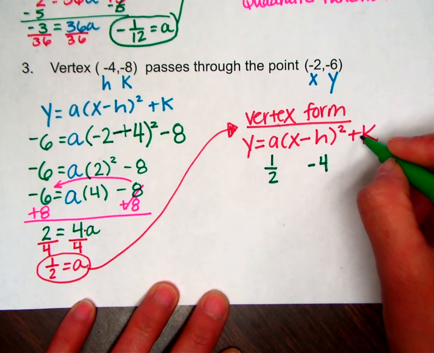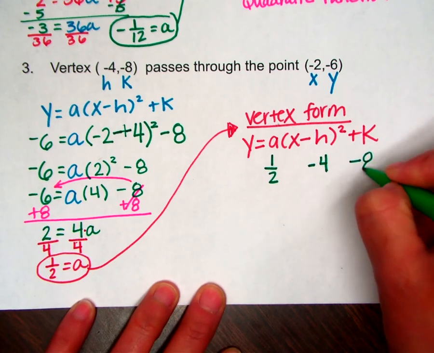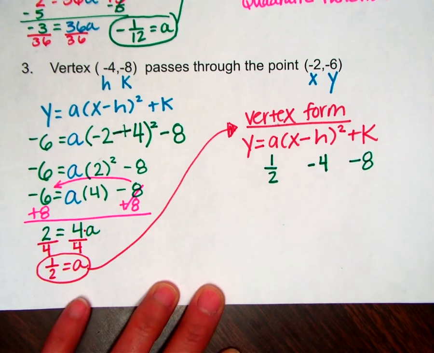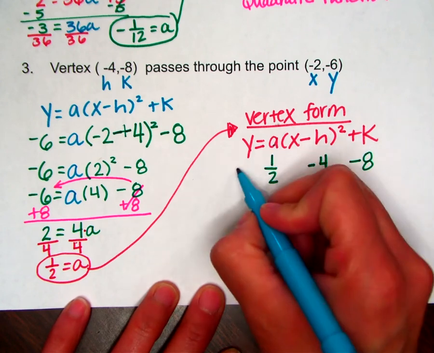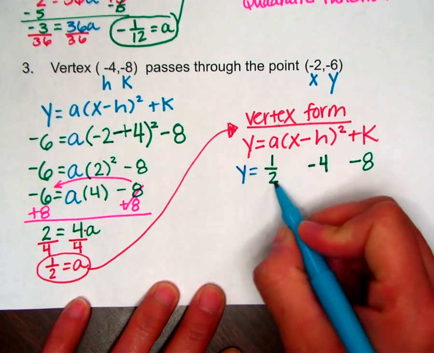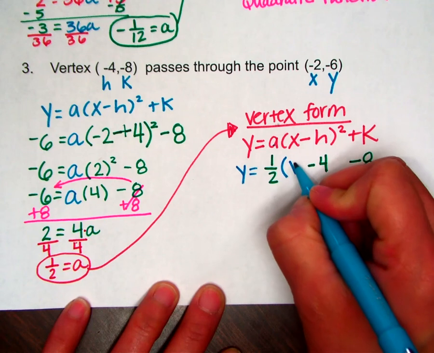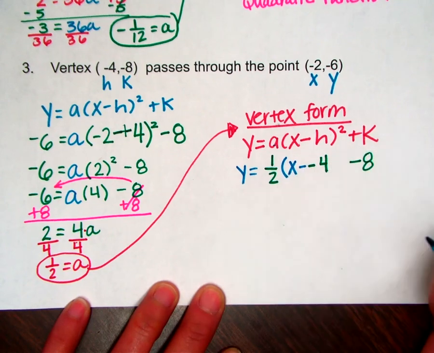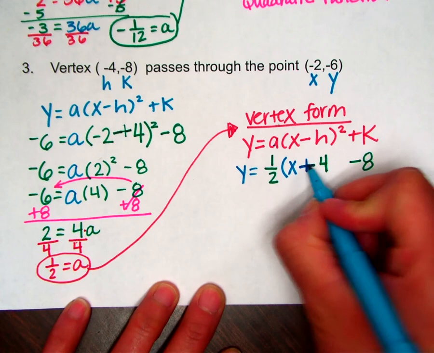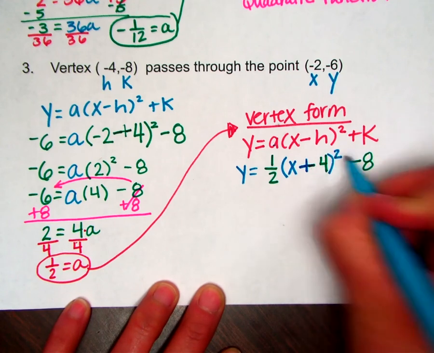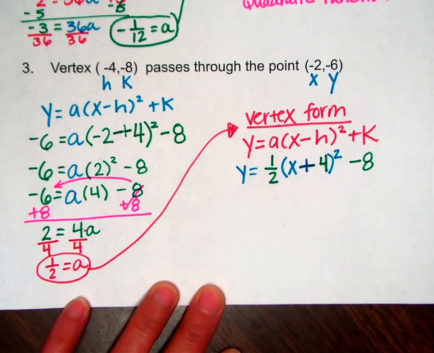And I know that k is negative 8, so I'm going to have a minus 8 over here. So I'm just plugging this in so you can understand where these values are coming from. So y equals 1/2, parentheses, x minus. When I have minus and negative, this will now change to a plus sign. All of this is squared, and then I have minus 8 on the outside.